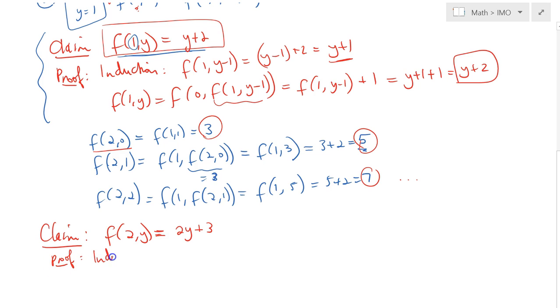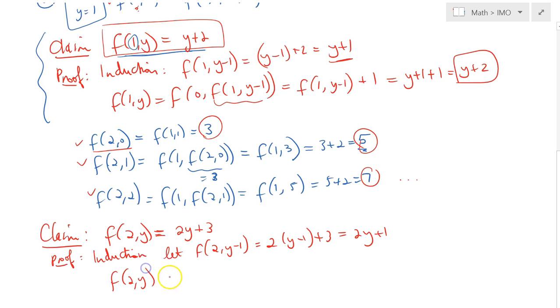Proof, induction again. We have already proven some base cases here. For the induction step, assume f of 2y minus 1 is equal to 2y minus 1 plus 3, which is 2y minus 2 plus 1. Now we can substitute back. f of 2y is simply equal to f of 1, f of 2y minus 1.